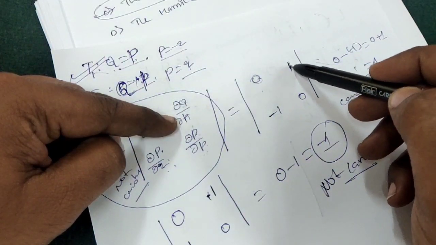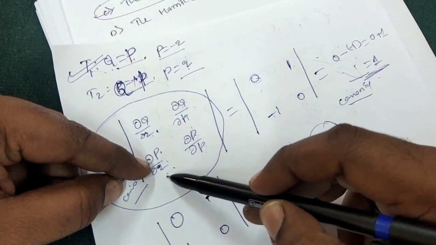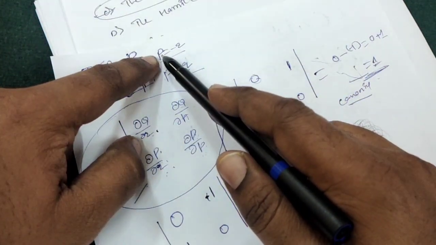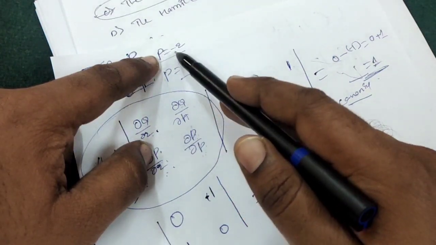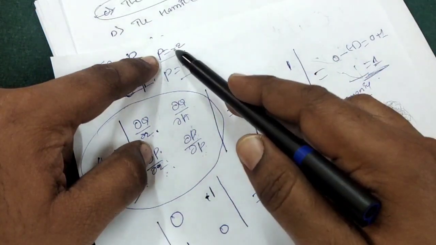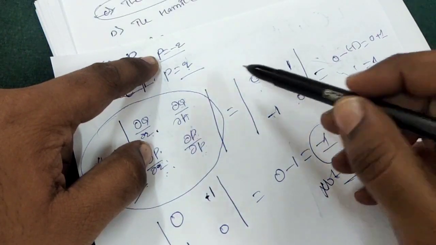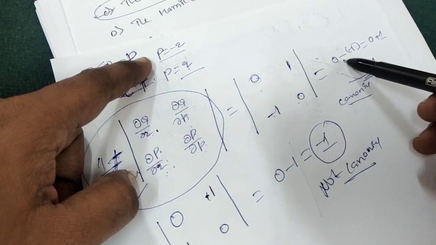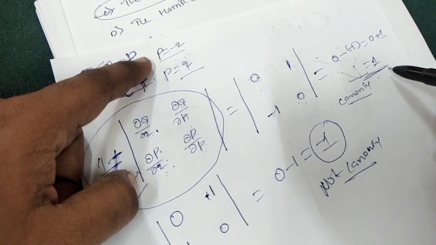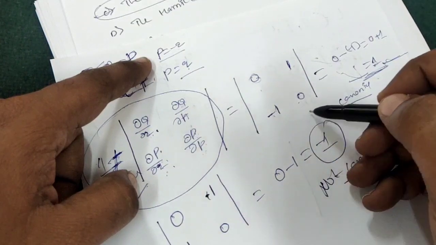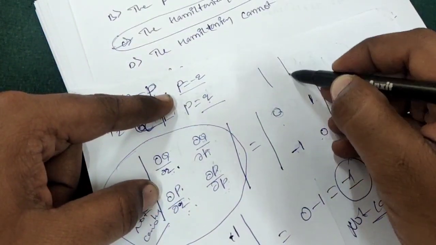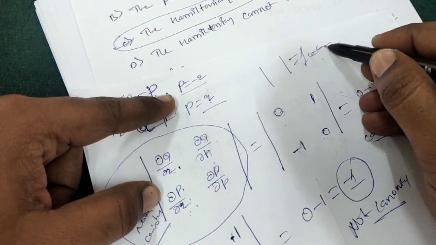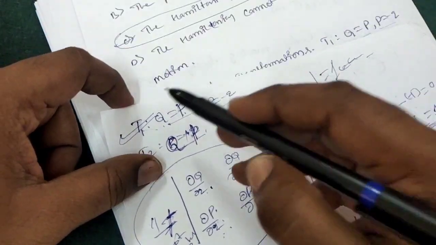Next, capital P with respect to small q is minus 1, and with respect to p it is 0. So 0 minus of minus 1 is equal to 0 plus 1, which is 1. If this Jacobian is equal to 1, it is canonical. Therefore T1 is canonical.